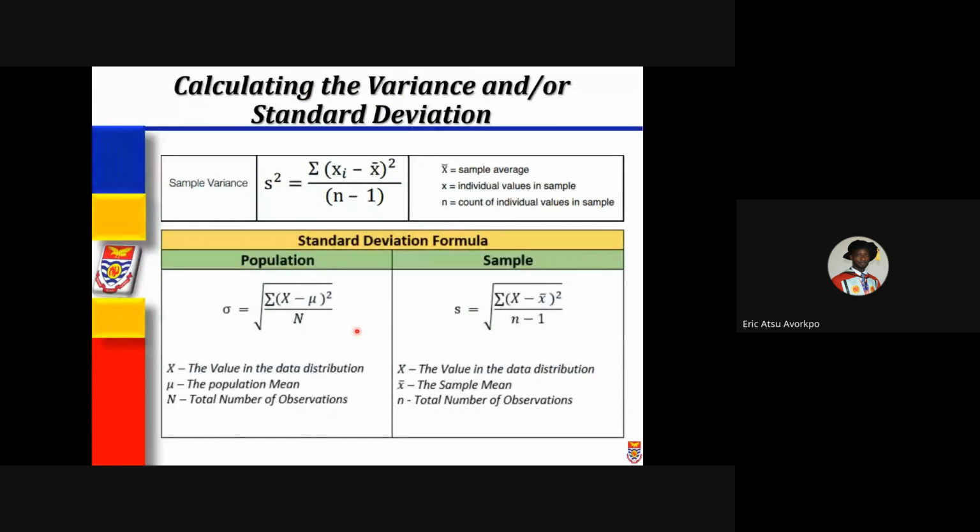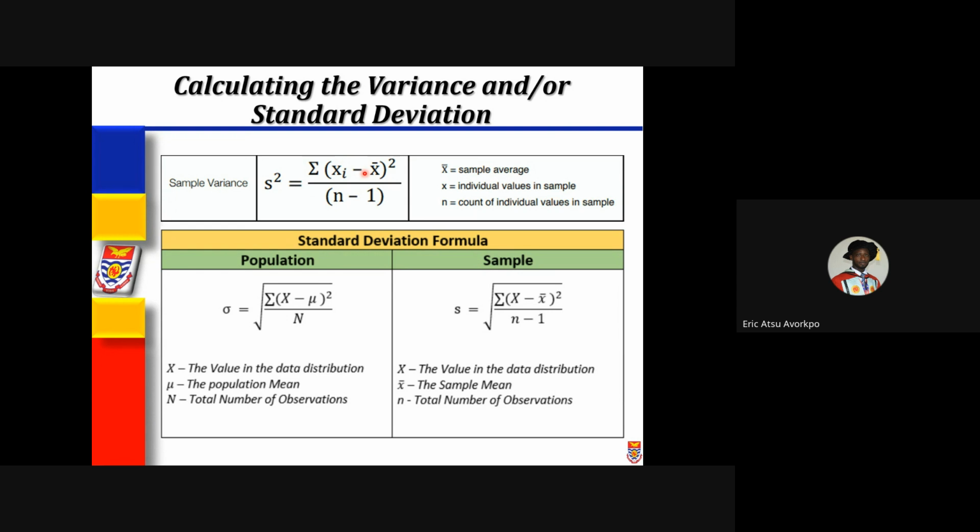Now, this is the formula for each of them. So if it is the sample variance, you can see that the variance will always come with a square, right? So it means that you are doing the summation of (xi minus x bar) squared, all divided by n minus 1. Now you see that the top part is the reverse of what we did for the mean deviation.